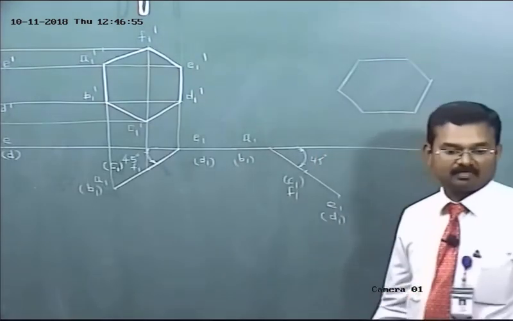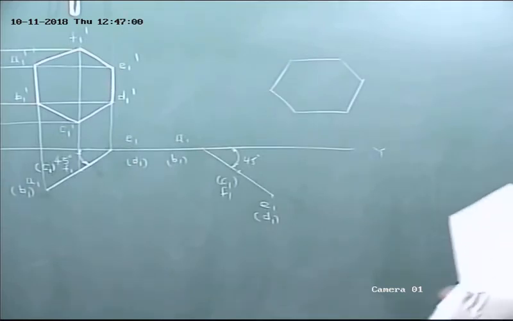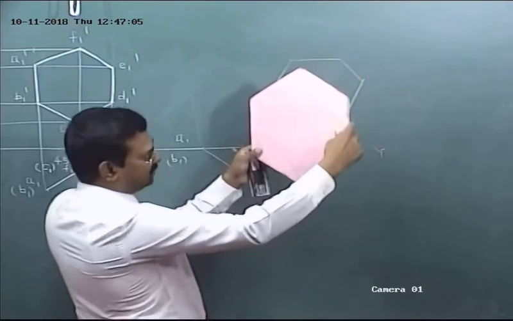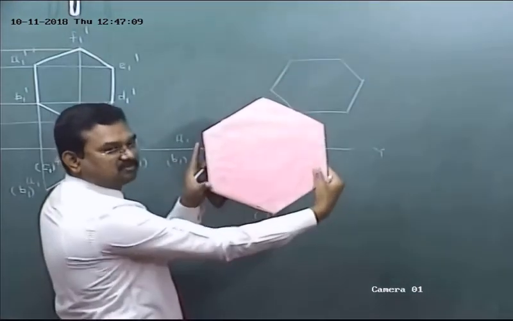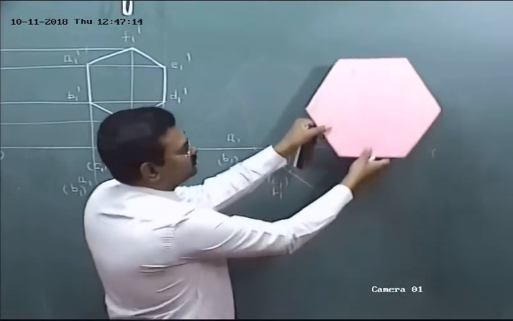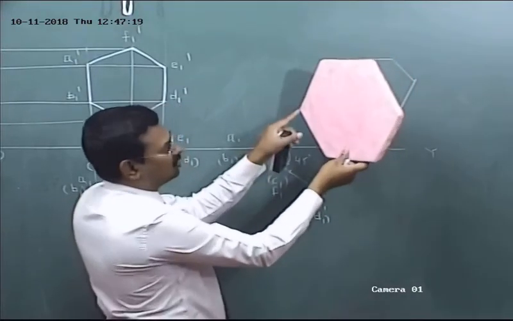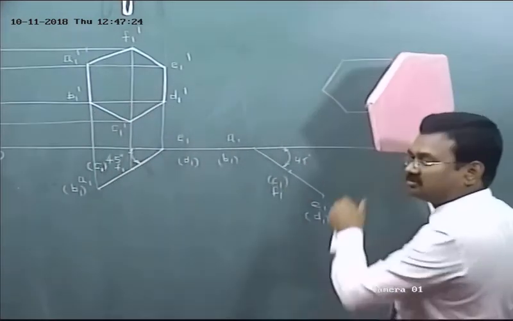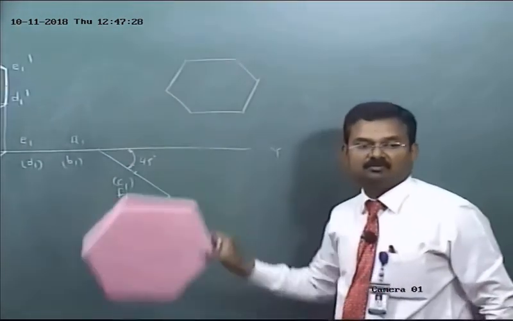Then only, while tilting the surface to make the angle 45 degree to VP, one corner will rest on HP, either left hand side direction or right hand side direction. Both are correct, decide yourself. As you wish, you can tilt the surface of the hexagon.